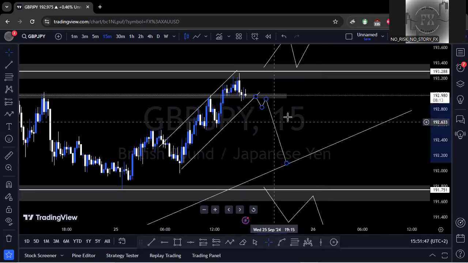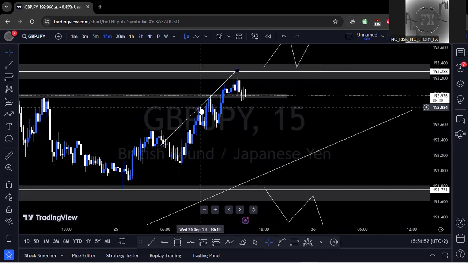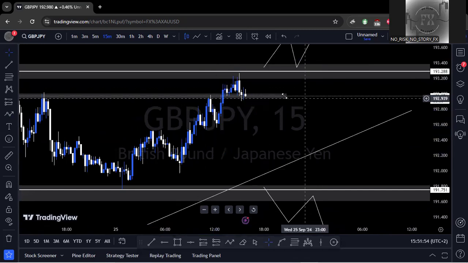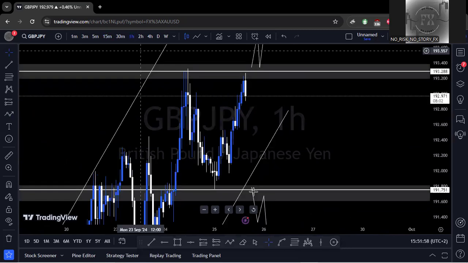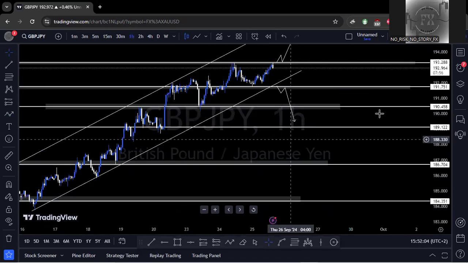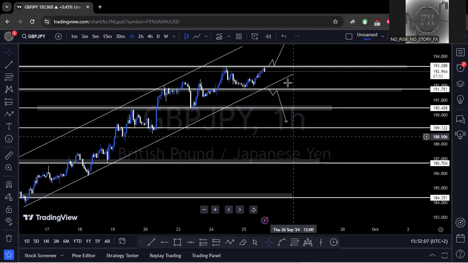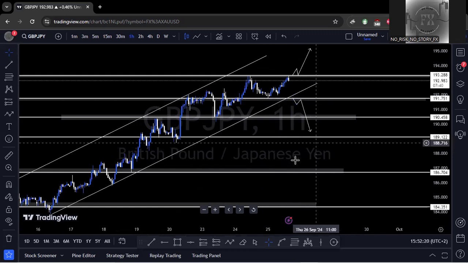So yeah, that's it. But then I won't enter this trade here. I won't even trade this. The only thing I'll do here is just to wait for this market to break above here, give us this nice retest to then shoot to the upside, or come back here, break below around this area, break this trend line, and then give us this nice retest to then shoot to the downside.